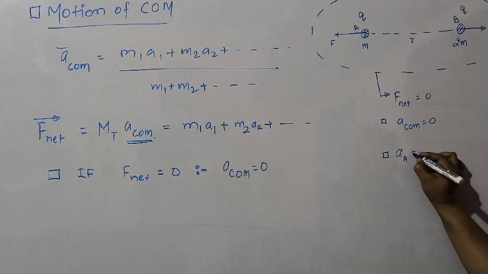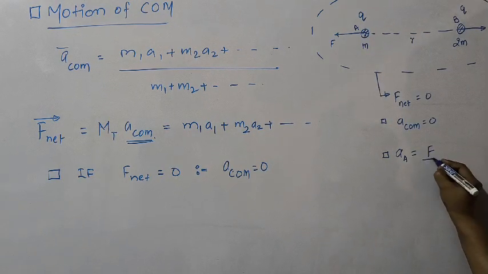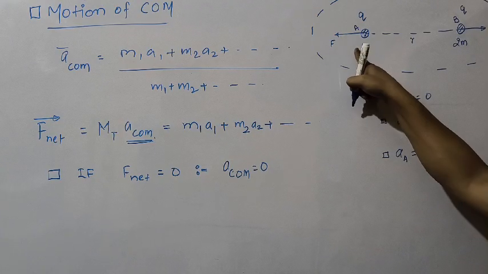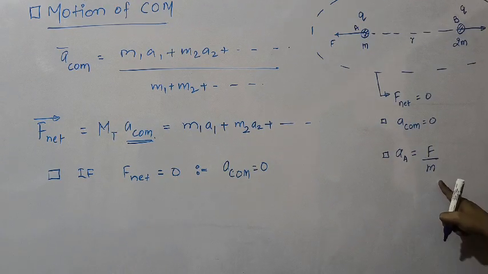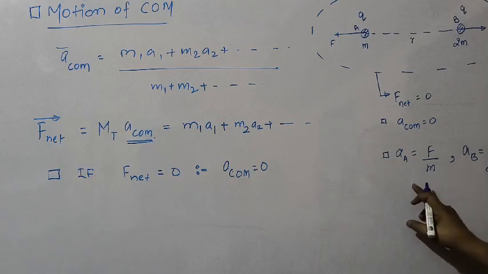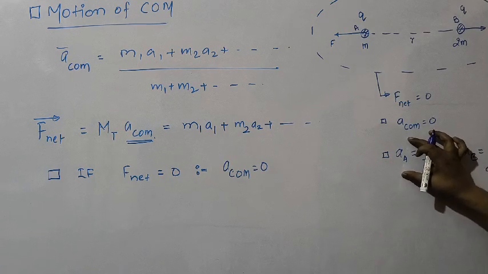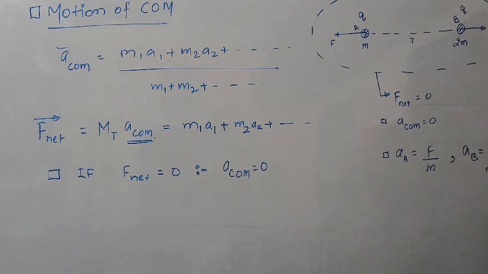I can simply write force on the charge at A upon the mass of the charge at A. Similarly, the acceleration of the charge at B can be written as force upon mass, which is 2m. Now these are not equal accelerations. Actually the acceleration at A is twice the acceleration at B.